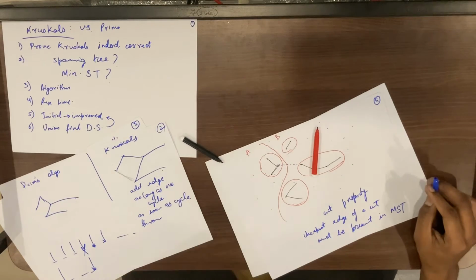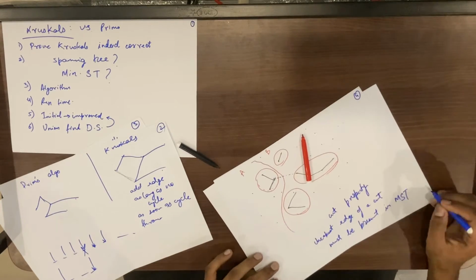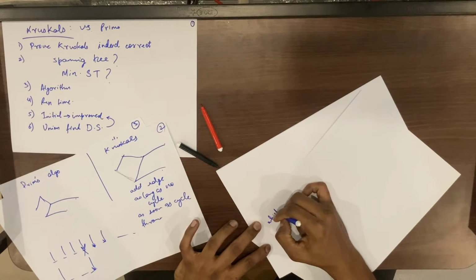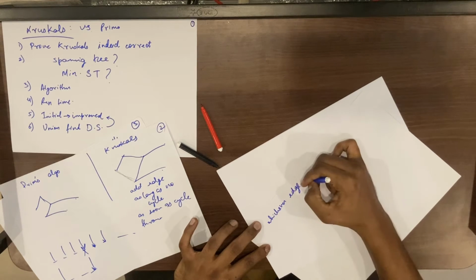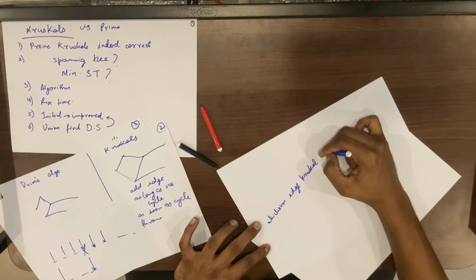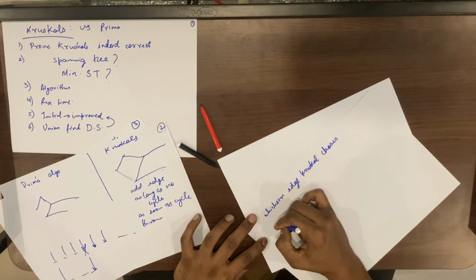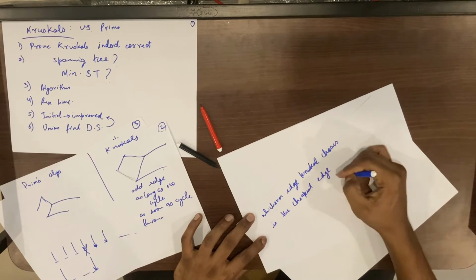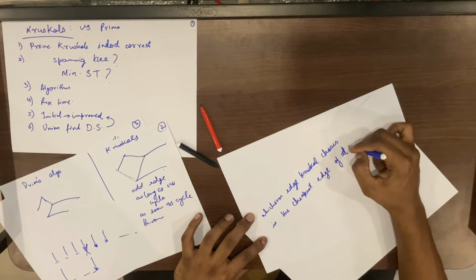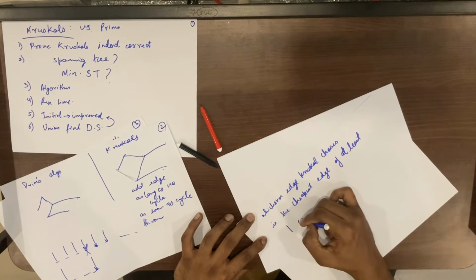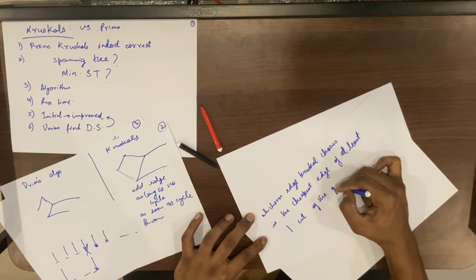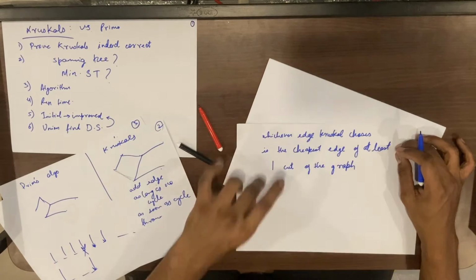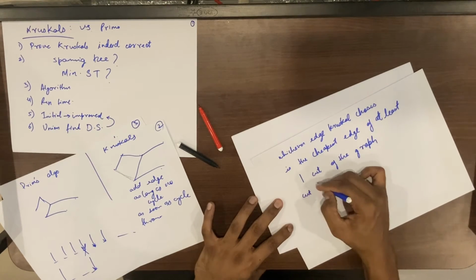So at all times, whichever edge Kruskal chooses is the cheapest edge of at least one cut of the graph, right? And by the cut property, that's all the cut property needs.